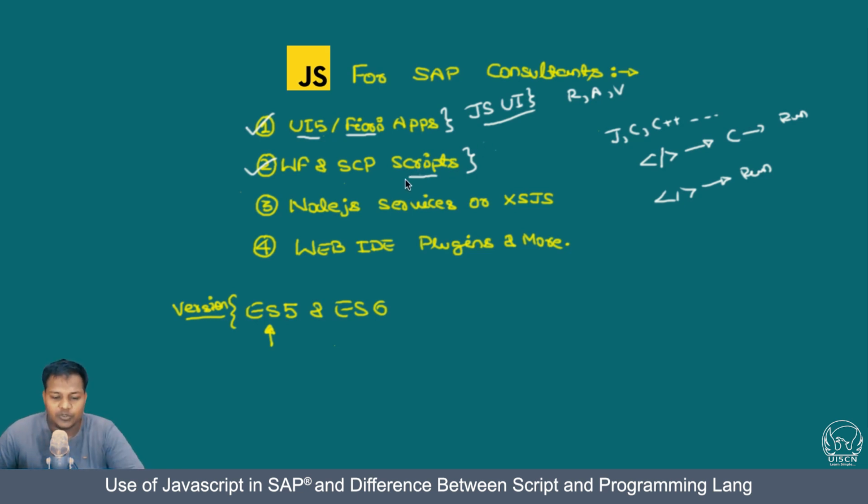Now, the other scenario is where you are creating backend services. There are front-end components, which are rendered on the client side. Then there is the server, which is basically the middleware, and there is the backend. You will find most of the JavaScript based development majorly in the front end.